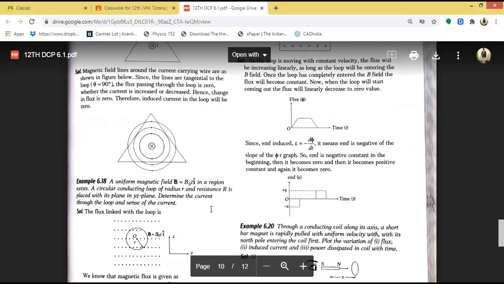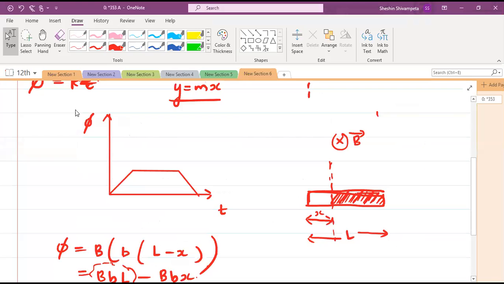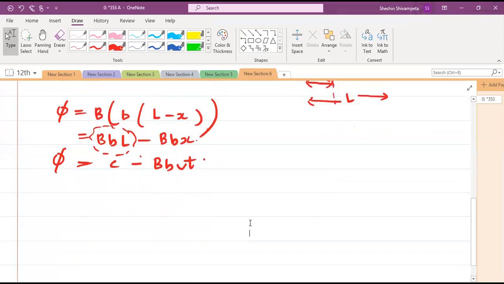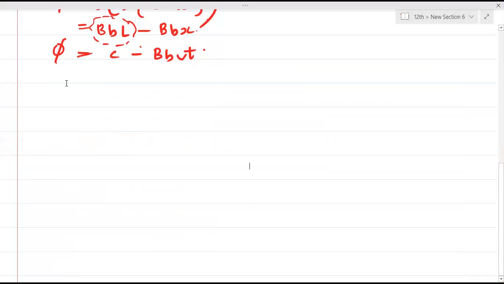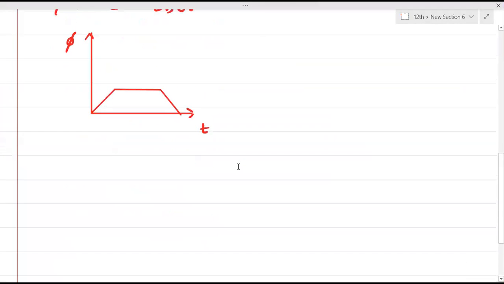Then flux का तो ग्राफ मिल गया हमें, flux versus time. Right, flux versus time graph मिल गया हमें. Then E is equal to minus n d phi by dt. Assuming that n is equal to 1, यहाँ पे क्या मिलेगा हमें?